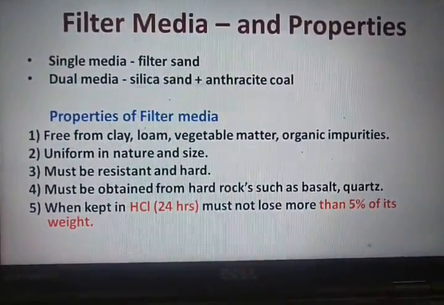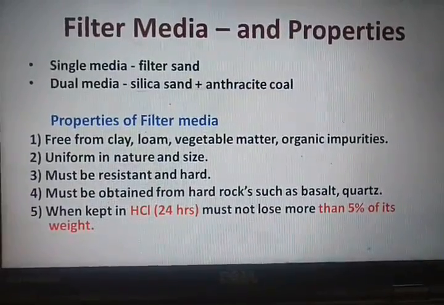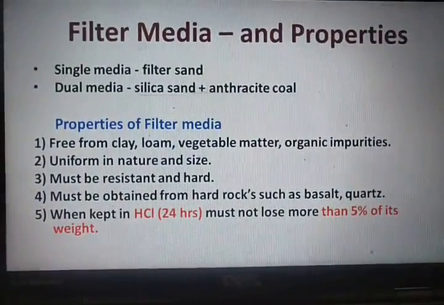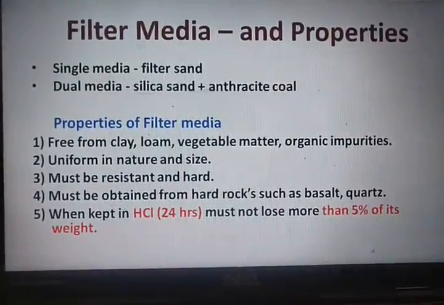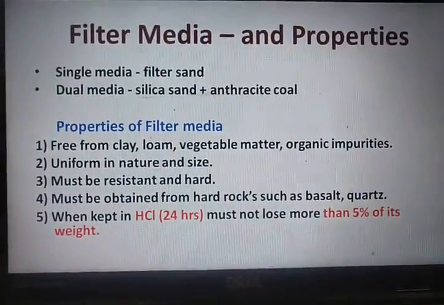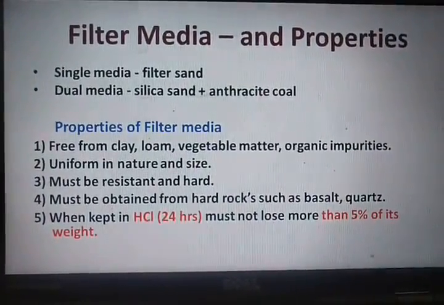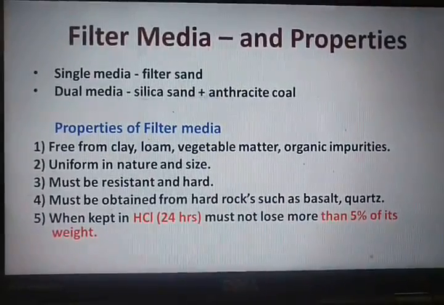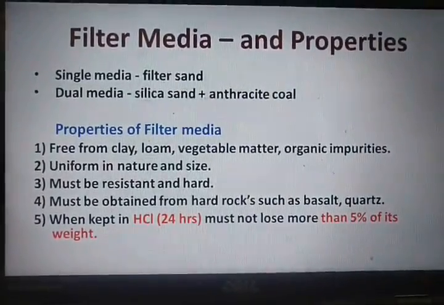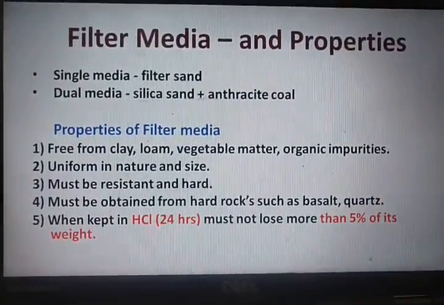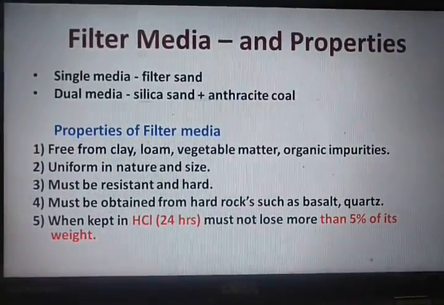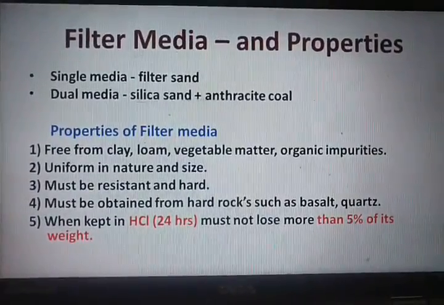Then it should be uniform in nature and size. That is, it has certain specific characteristics, and only that sand should be chosen as a filter medium. Then it should be resistant and hard. That means it should not easily disintegrate or degrade when you pass the water with some pressure through this filter media.